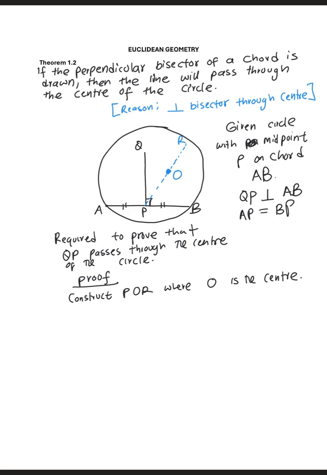Angle APQ is equal to angle BPQ, and both of them are 90, because it's given that QP is perpendicular to AB.